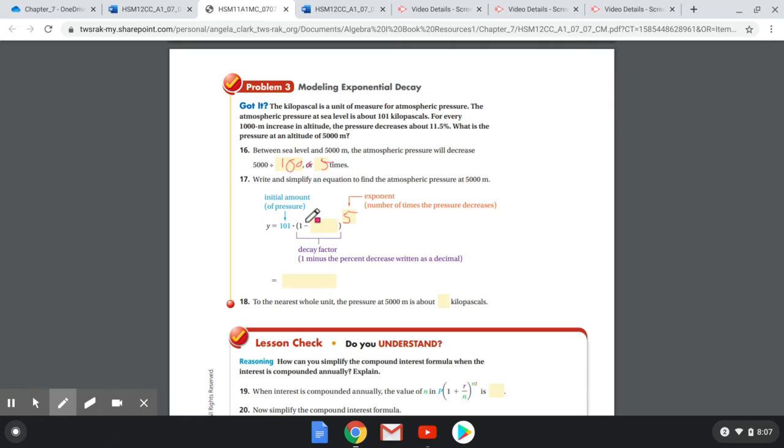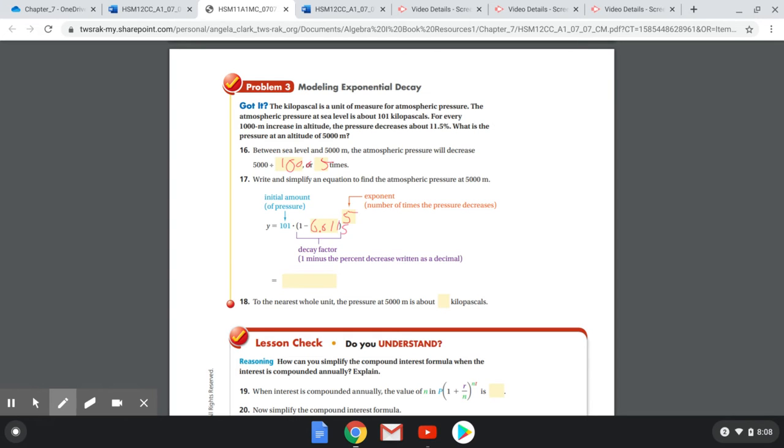And then remember, our initial amount goes out in front. They've already given that to us. Our initial amount was 101 kilopascals, so that goes out in front. And we're multiplying by 1 minus the rate to the 5th power. The rate, remember, we have to write as a decimal, so that's 0.0115.